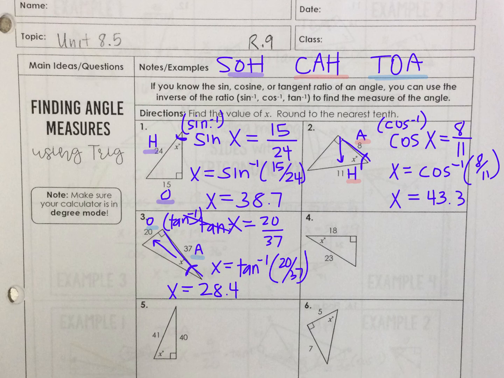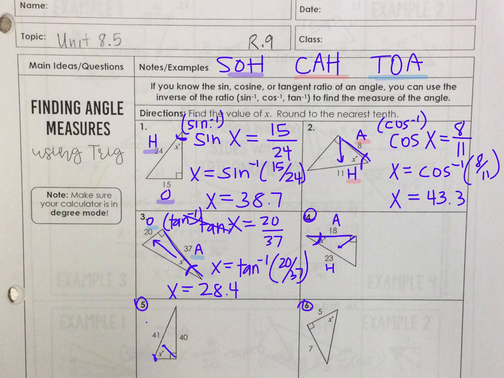I want you to do 4, 5, and 6 on your own, but I will first help you to label this. If we're talking about this angle right here, I can see that the 23 is my H, and the 18 touches it, so that's adjacent. When I look at this one right here, I'm looking at that angle.